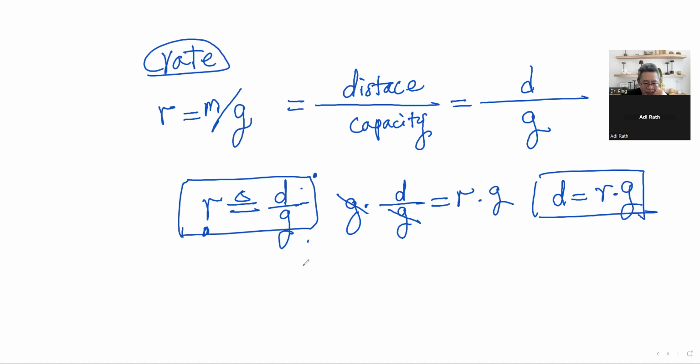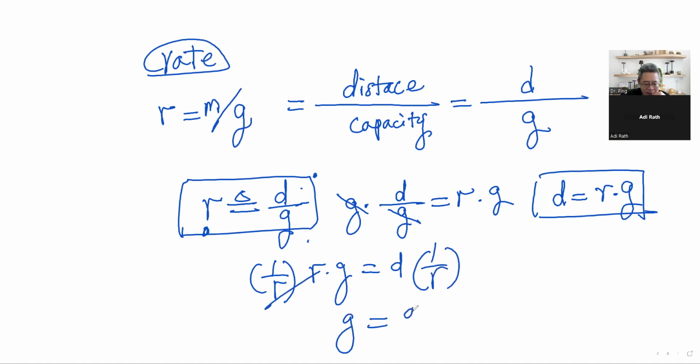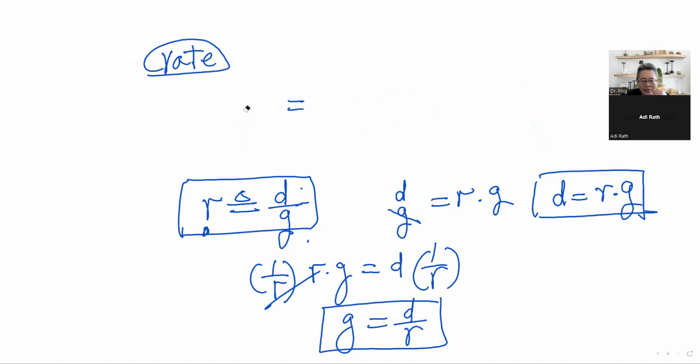And from that, if I want to figure out how many gallons it will take, we know that R times G equals D. Then we just multiply by the reciprocal of R, and that cancels. We get G, and on this side we get D over R. So we got another equation. That can help us, if we know two of those three quantities, we can figure out the other. So I'm going to rewrite it down here.